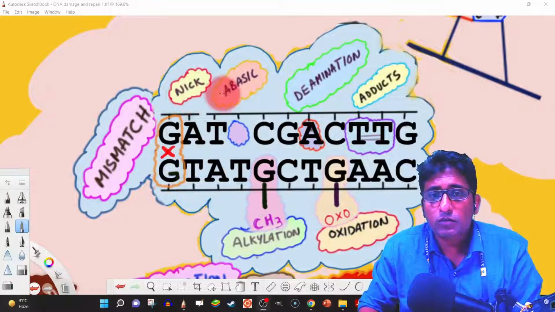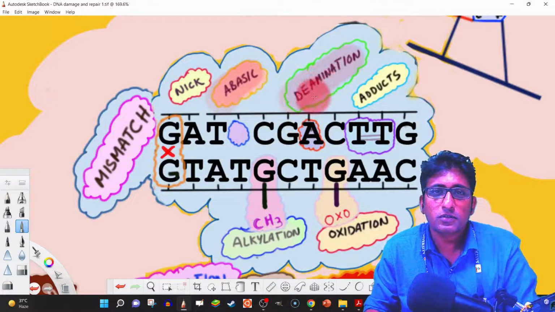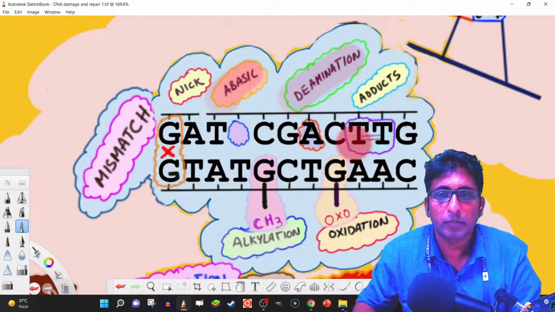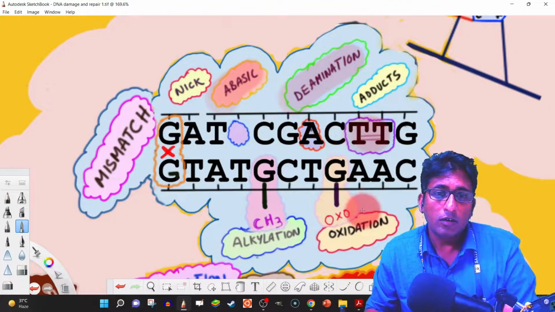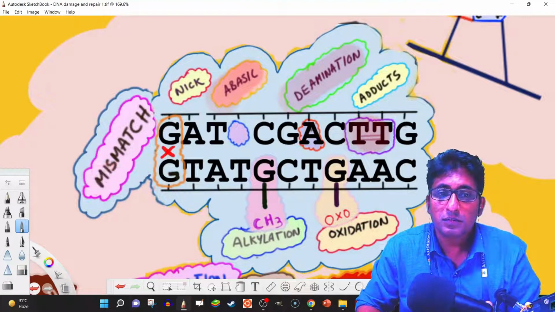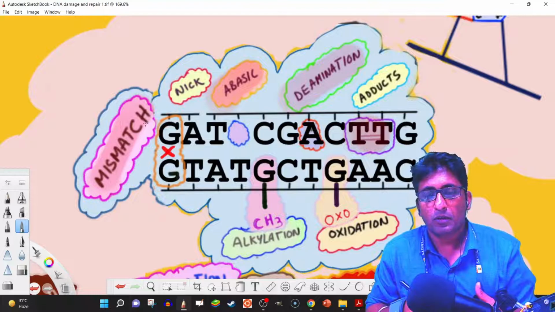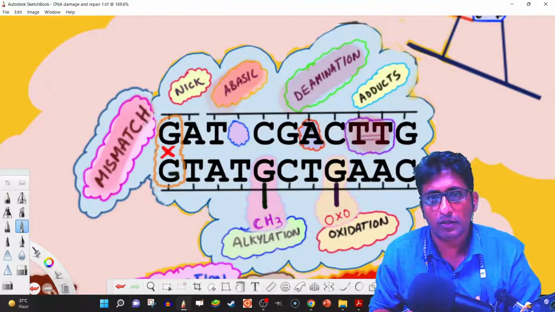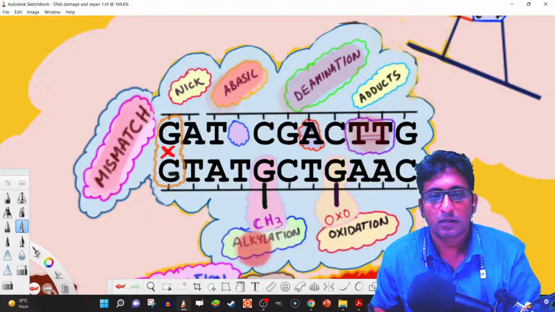The DNA damage could be something like loss of the whole base or functional groups, or chemical covalent bonds forming between the bases, as in the thymidine dimers. Or it could be mismatches that are usually caused by errors during replication, or because of homologous recombination when there are differences between two homologous regions.